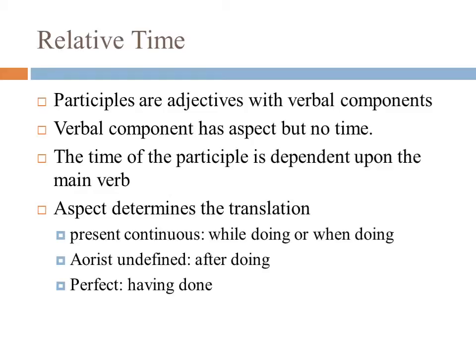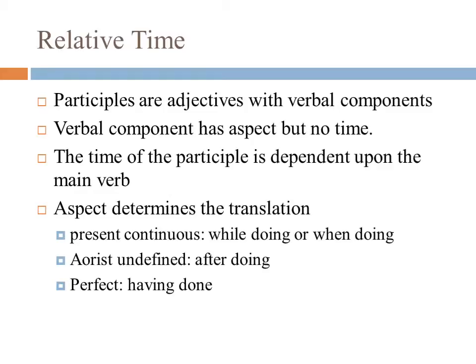But in a participle, that verbal component has only aspect but does not have time. So the present participle, this is when it becomes a little bit difficult, is a present participle because the stem is a present stem. A present participle is not being used because it's happening right now. It's being used because of the continuous aspect of the stem. So what we care about is the aspect, but not the time variation.